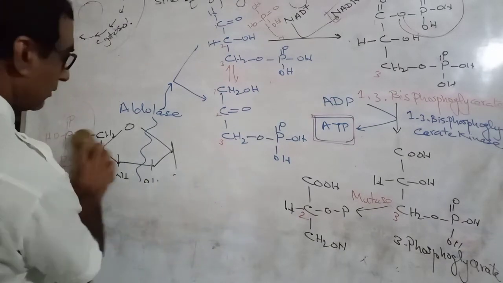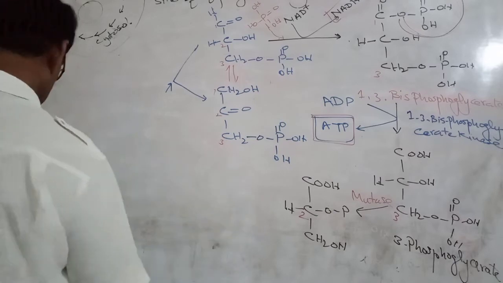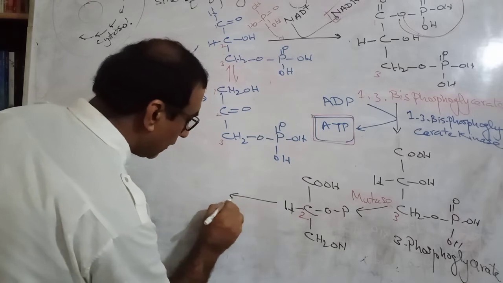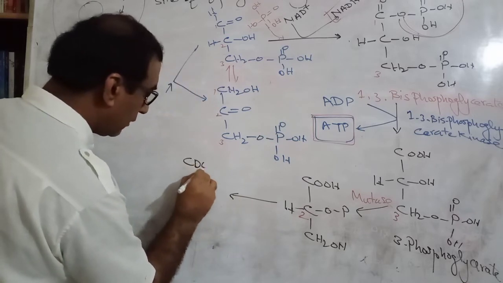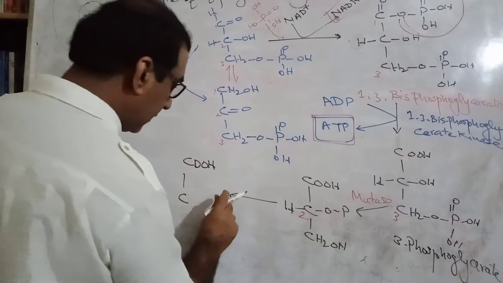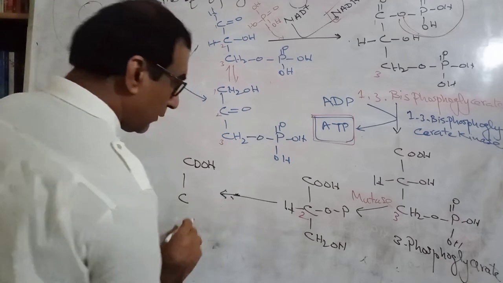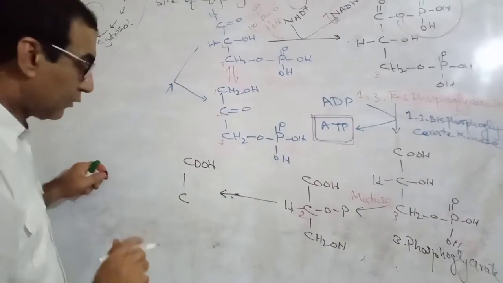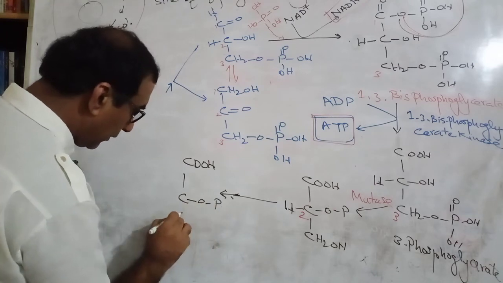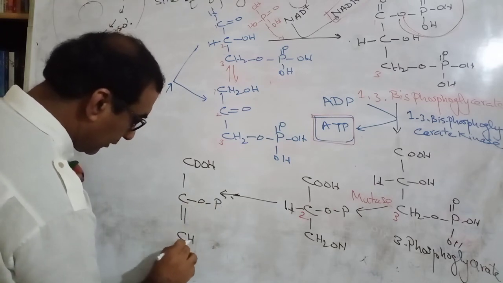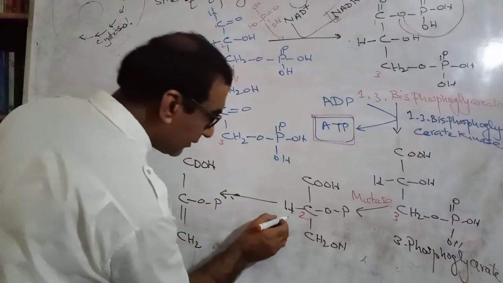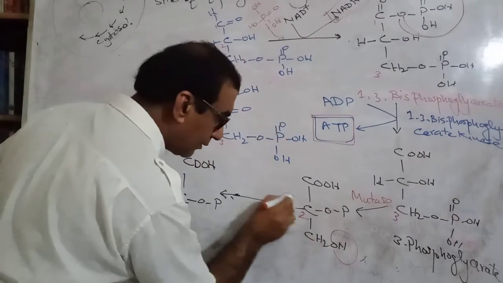In the next reaction, what is formed? Phosphoenolpyruvate is formed. Where have these two things gone?